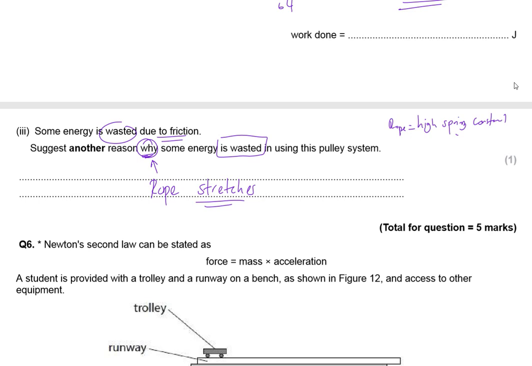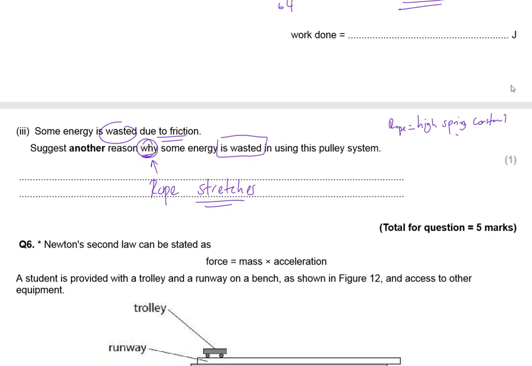So the rope stretches under that much force. And when the rope stretches, some of your energy has actually gone into stretching the rope. That's where some energy is wasted in this case.